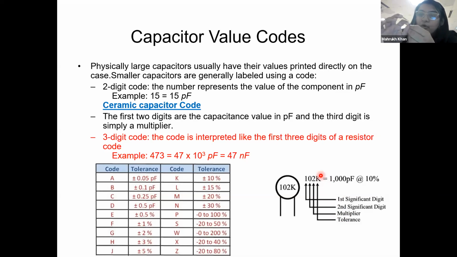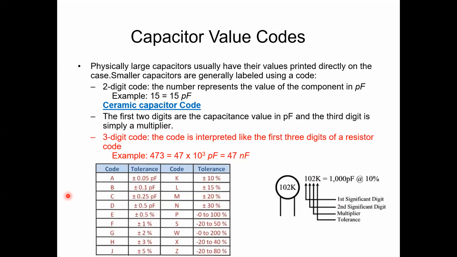Okay, so what do you think, what will 107 equal? If there is 107, what will be the value of the capacitor? 10 times 10 to the 7. 10 and 10 raised to the power 7 picofarad, right?